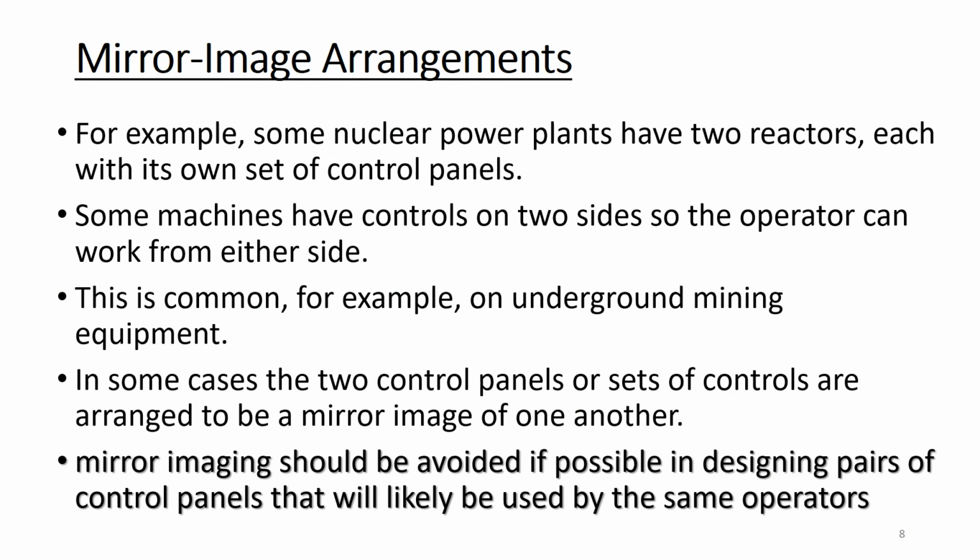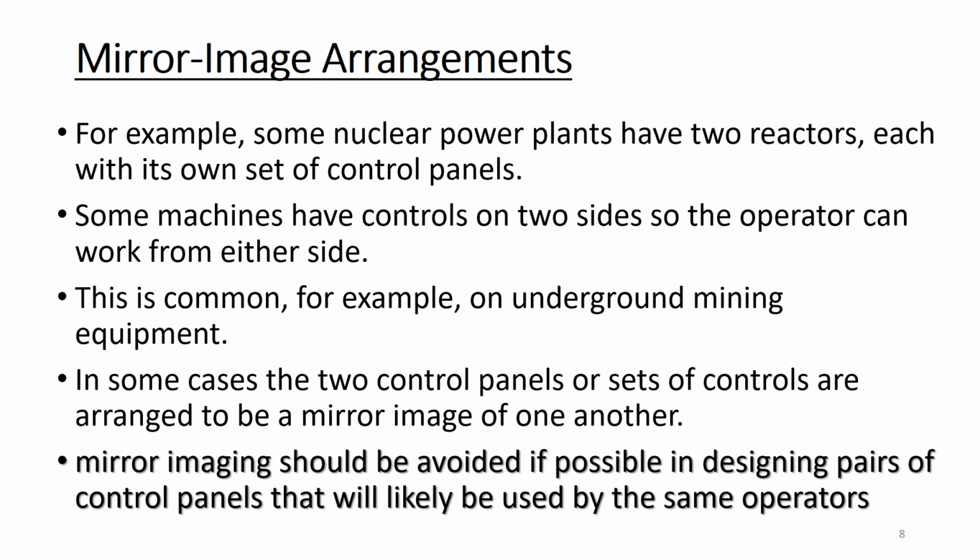Mirror arrangement in some displays has its advantages and also its disadvantages. Mirror arrangement was used in some nuclear power plants, especially those having two reactors, and in some underground mining equipment. But if the same panel is being used by the same operators, then mirror imaging should be avoided, because studies found that the emergency response and completion times were less for non-mirror arrangements than for mirror image arrangements.